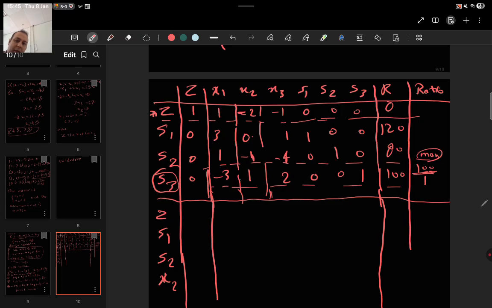Okay, first I have to make the pivot value in the pivot row equal to 1. Because this is already 1, there is no change. We just write it down.